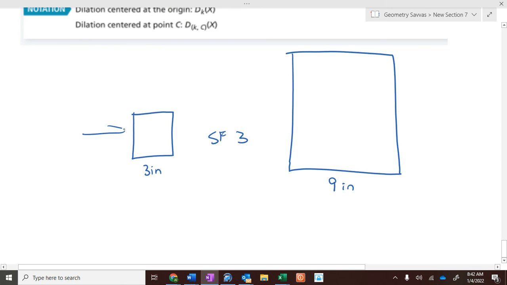Let's say the area of this box is 15 inches squared. What would the area of this one be?